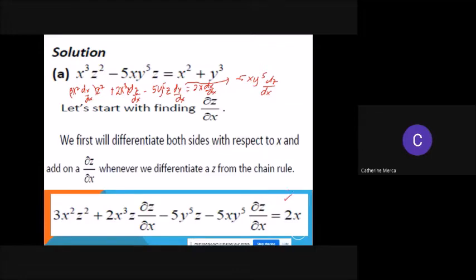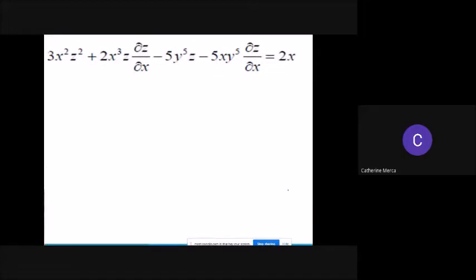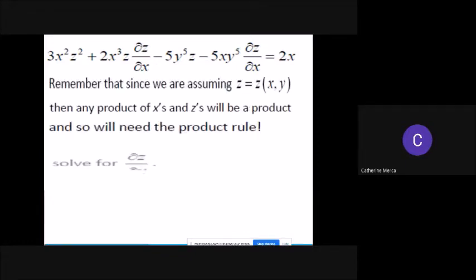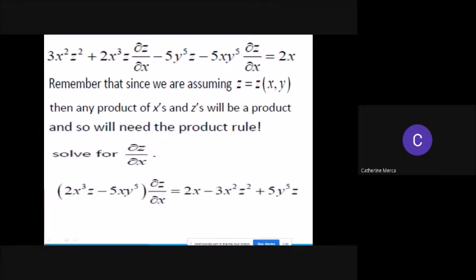So, if you try to write that one, you now have 3x squared z squared plus 2x cubed z, partial of z with respect to x, minus 5y to the fifth z, minus 5xy to the fifth, partial of z with respect to x equals 2x. So, kaning dahil partial of z, you group that together so that you will now have partial of z with respect to x will now be kani 2x cubed z, which is this.